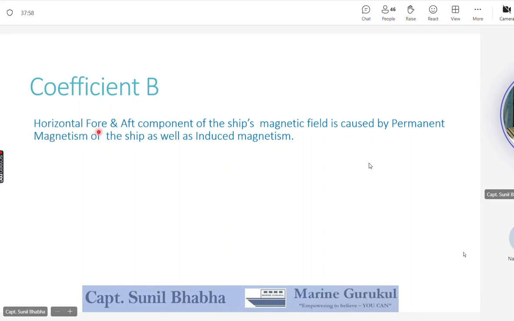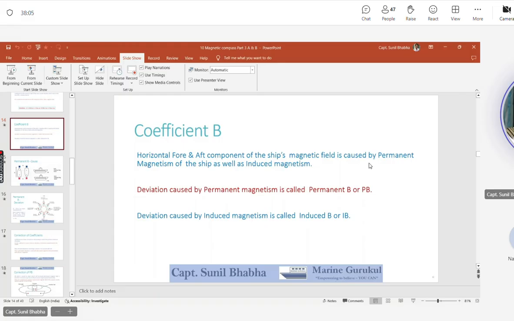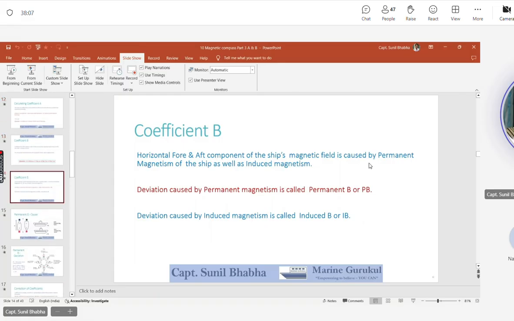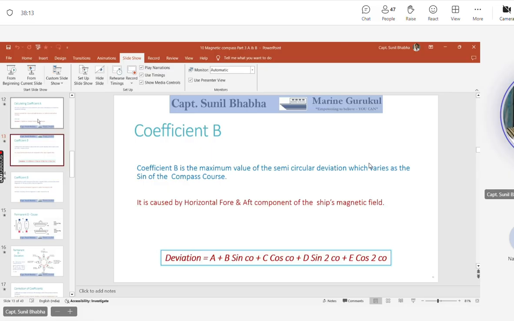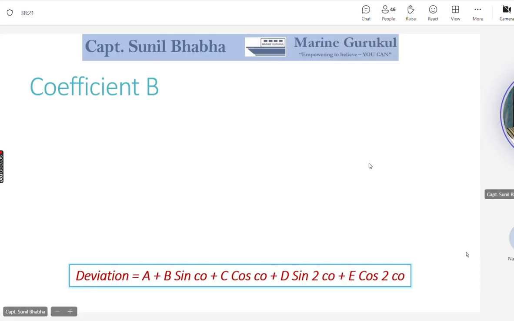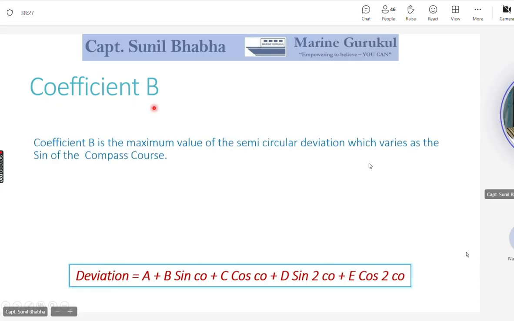The horizontal fore and aft component of the ship's magnetic field is called, just a minute, I missed one slide. Now let's move on to the second coefficient, that is coefficient B.